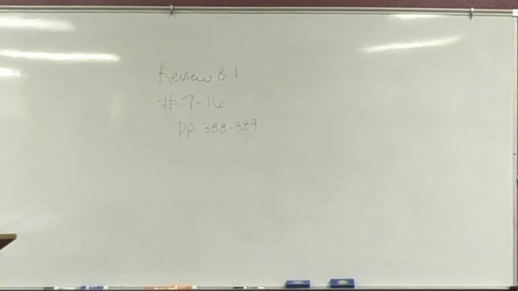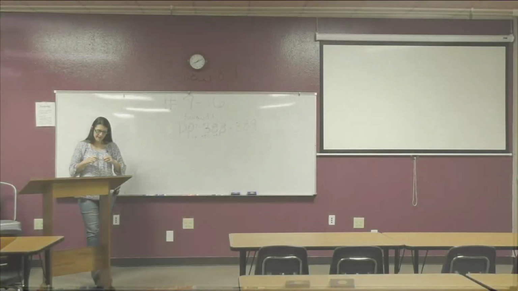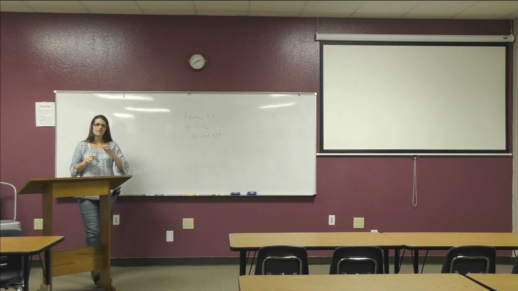So just to do a quick refresh, let's walk through the review. Look toward the bottom of page 388. You're going to start at number 7, so you can see the little section there. Problems 7 through 10 are just 4 factoring problems.